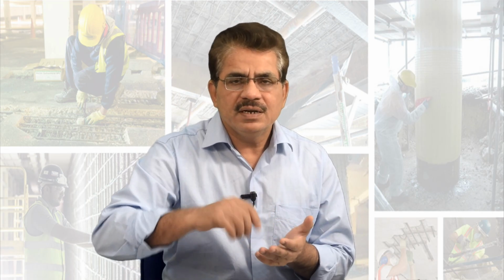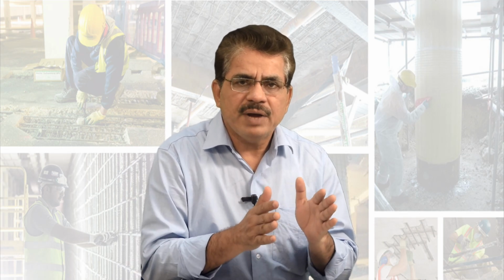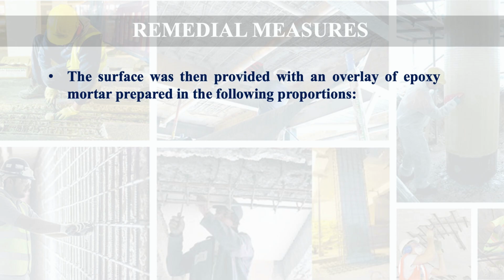The mix was applied using nylon brush to the concrete surfaces within 15 minutes from the time of mixing. A mix using 100 grams binder and 100 grams hardener gave a coverage of about 0.2 square meter.